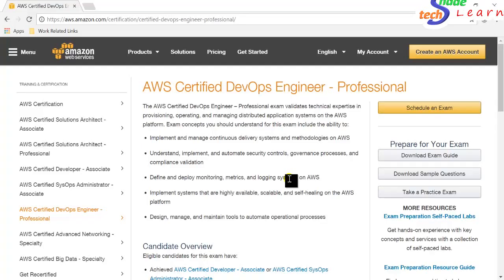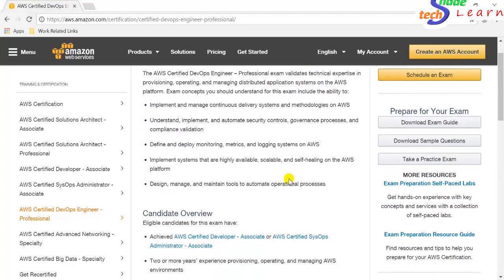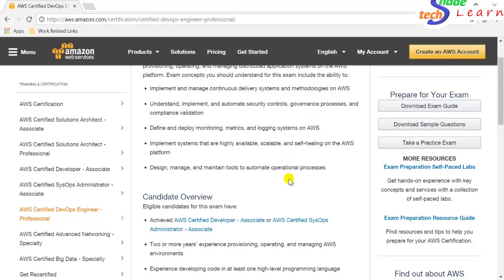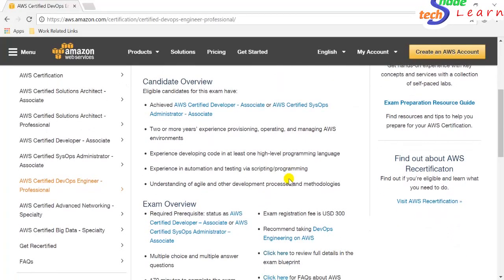It needs to validate the ability to implement and manage continuous delivery systems and methodologies on AWS, understand, implement and automate security controls, governance processes, and compliance validation, define and deploy monitoring metrics and logging systems on AWS, implement systems that are highly available, scalable, and self-healing on the AWS platform, and design, manage, and maintain tools to automate operational processes.